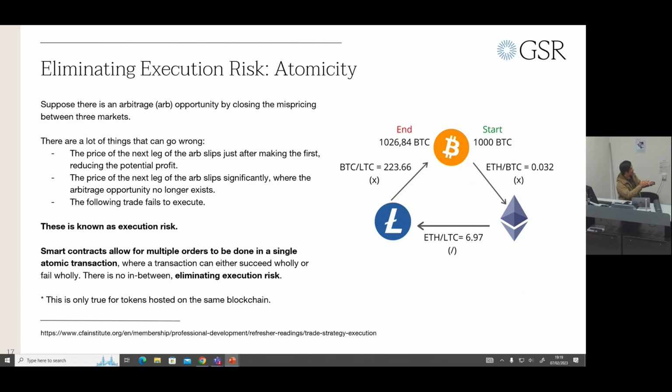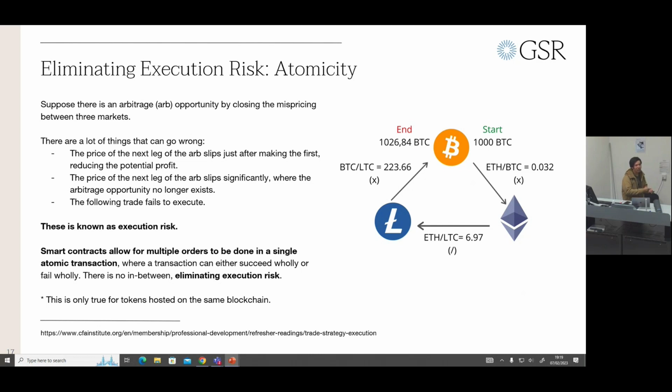But you also see that there are two other exchange rates, ETH LTC, which is 6.97, and BTC LTC, which is 3.66. Let's say you notice that there is some arbitrage in the market, in which if you trade this cycle, you actually come out with more of what you started with.